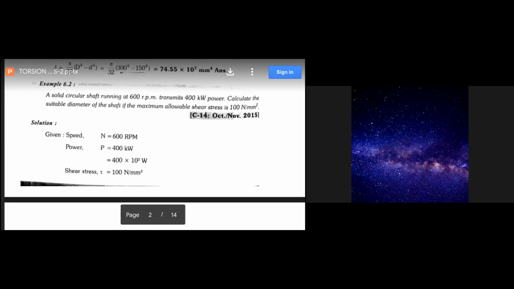So next, a solid circular shaft running at 600 rpm transmits 400 kilowatt power. Calculate the suitable diameter of the shaft if the maximum allowable shear stress is 100 Newton per mm square.